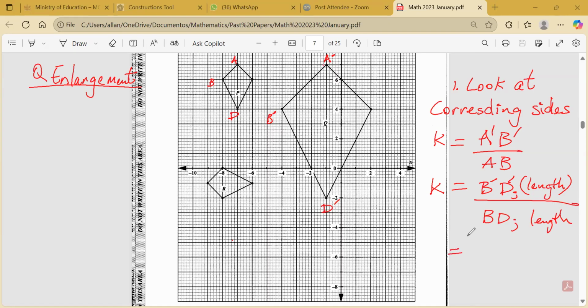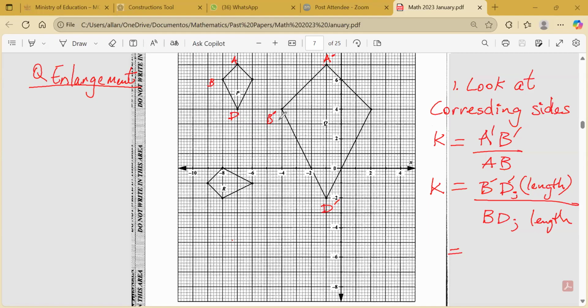So what is the length of B prime D prime? This doesn't show, I'm glad that I'm doing BD.